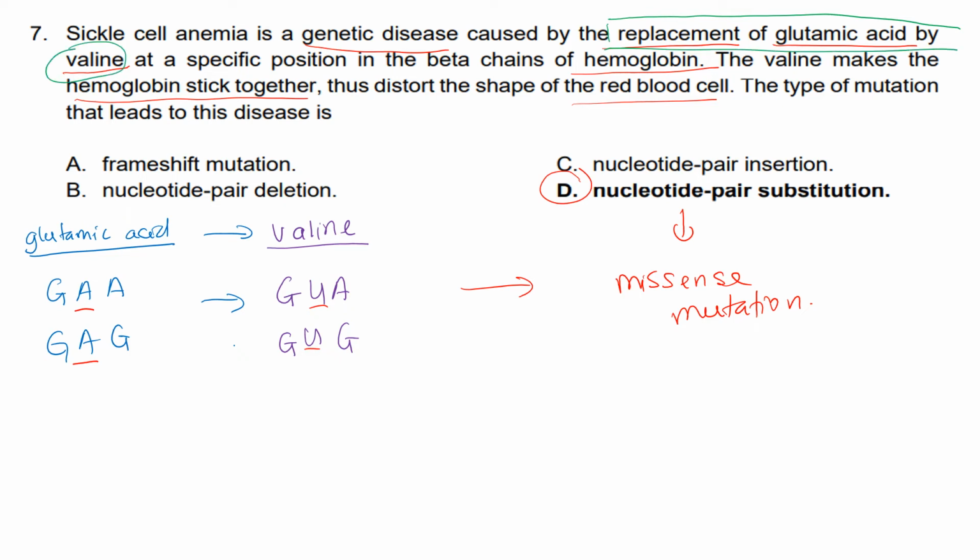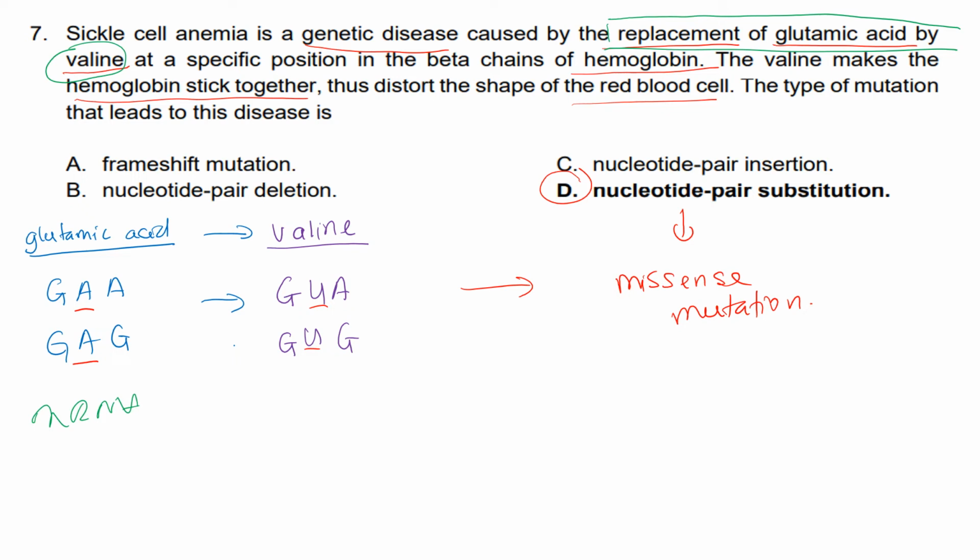This is when the mRNA codon that is supposed to code for glutamic acid is changed to a different amino acid, which is valine. If you look at what I've written here, these are the mRNA codons. The mRNA codon for glutamic acid is supposed to read GAA or GAG if you refer to your mRNA codon table.